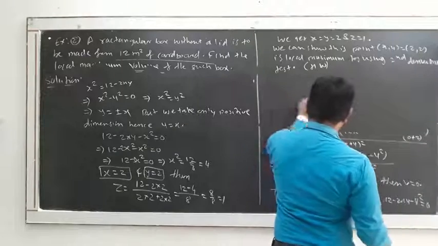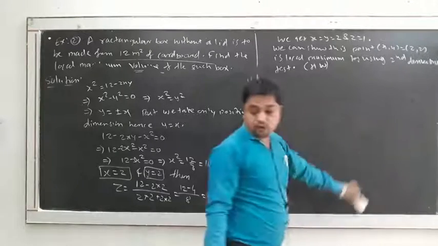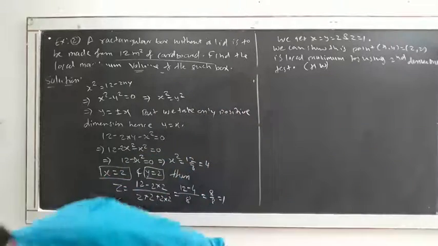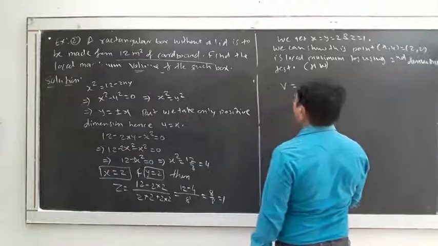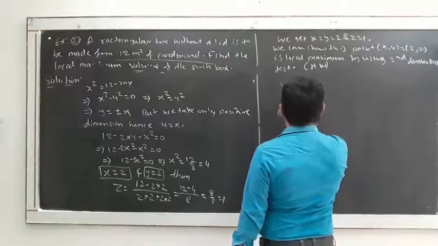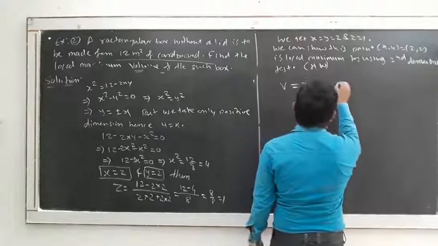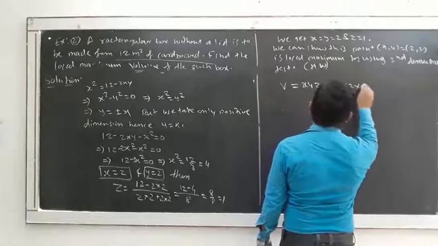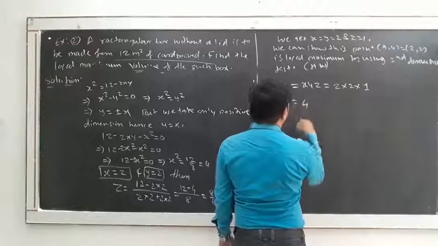And now try to find the volume. Which volume? Maximum volume. So how do we find this? Our volume is equal to, what is our formula? Just put the values here. V is equal to 2 into 2 into 1, and 2 twos are 4.